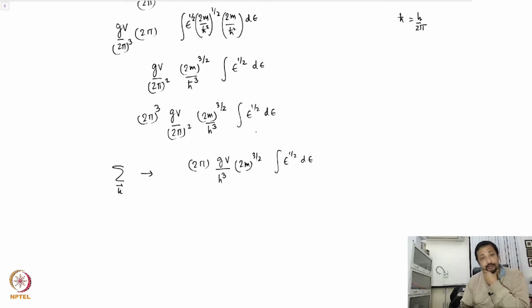The reason I wanted to take this particular approach is that you'll see that both of them are equivalent, but I wanted to highlight something over here.